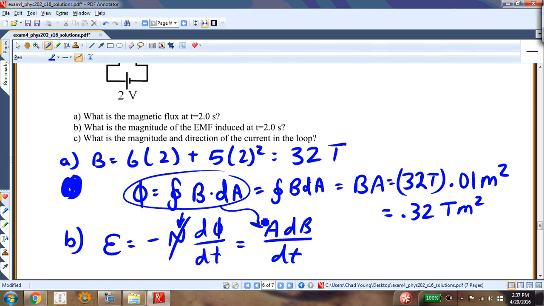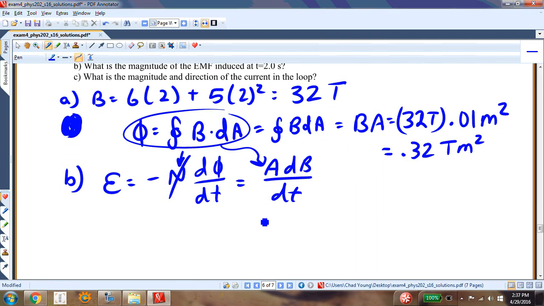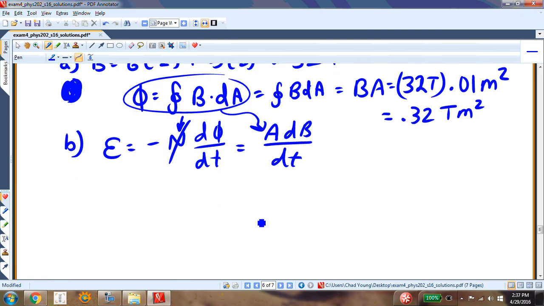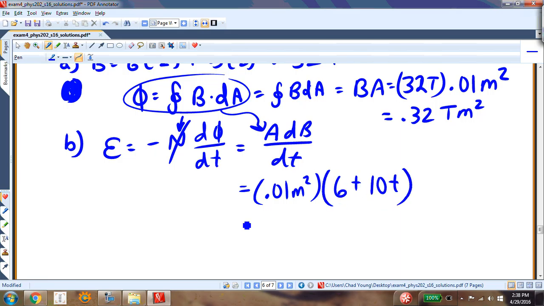My area is not changing, it's just my magnetic field, so that's why the area is not inside that derivative. So this is equal to the area, which is 0.01 square meters, times the derivative of B with respect to t. That's going to be 6 plus 10t. And at t equal 2 seconds, this is going to be 0.26 volts.